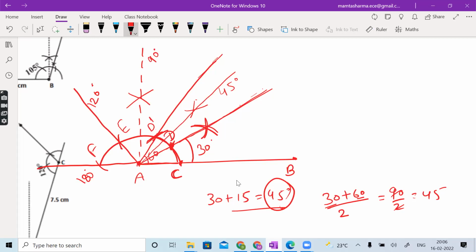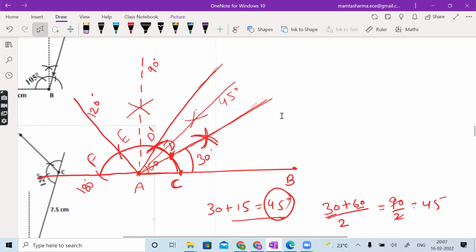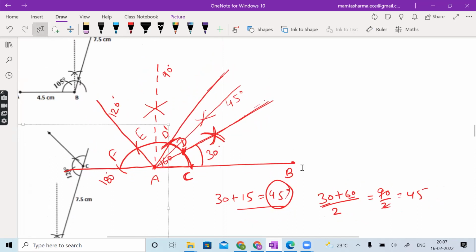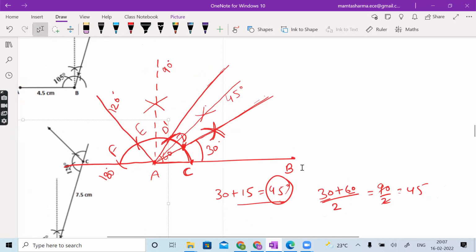So tomorrow I will draw myself in my notebook, and I will set this mobile on the tripod. Are you talking? Yes. Can you hear me? Yes, ma'am. Okay. I will do the tripod setting and will construct all these angles and quadrilateral in front of you.